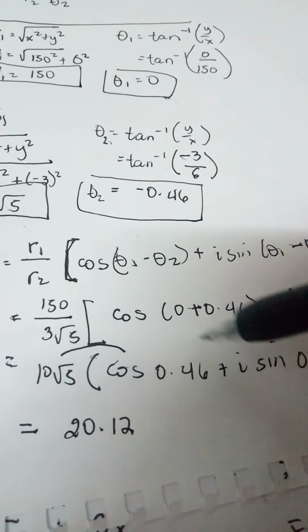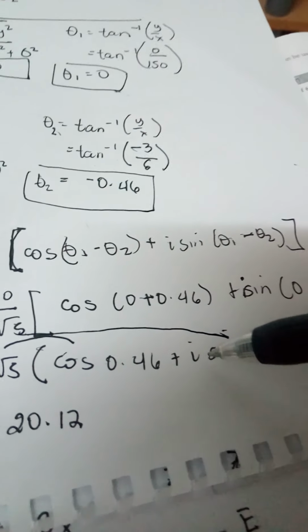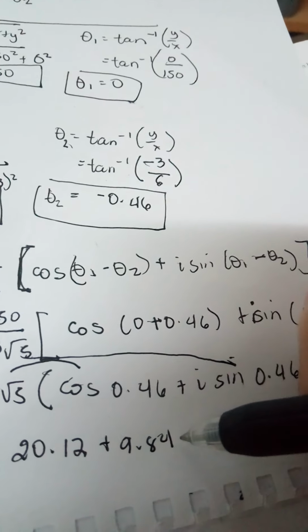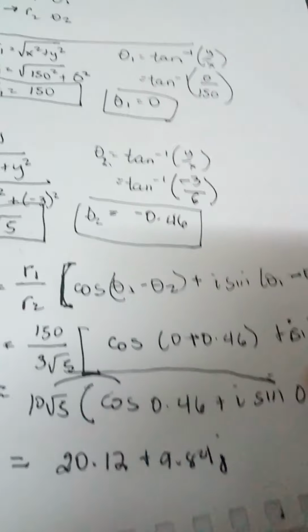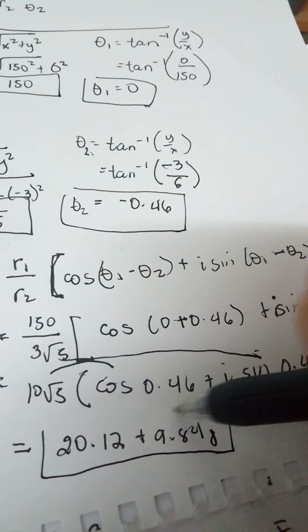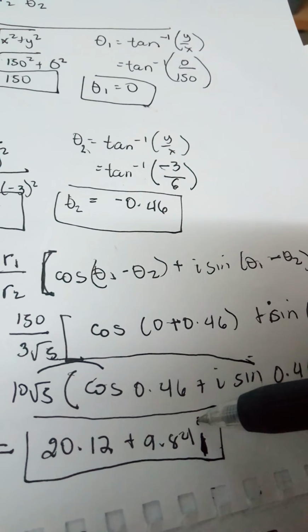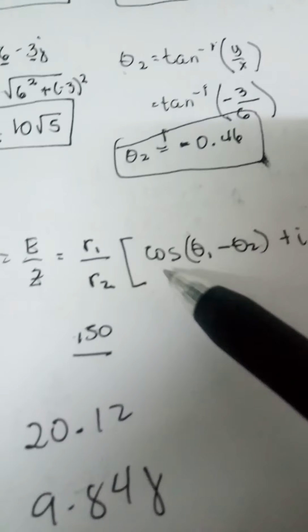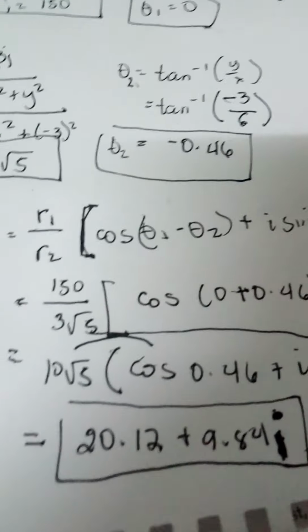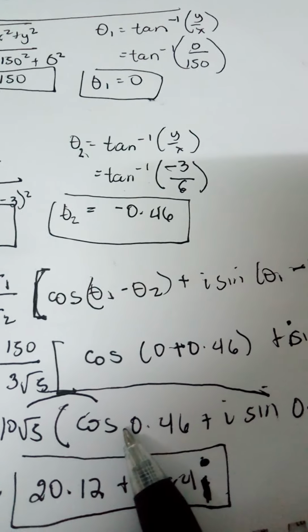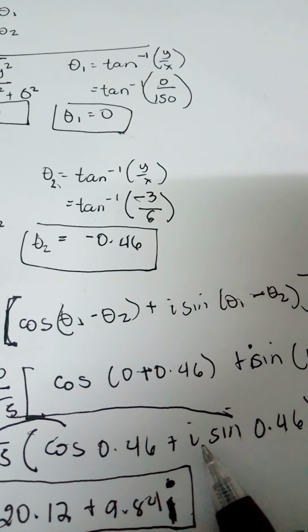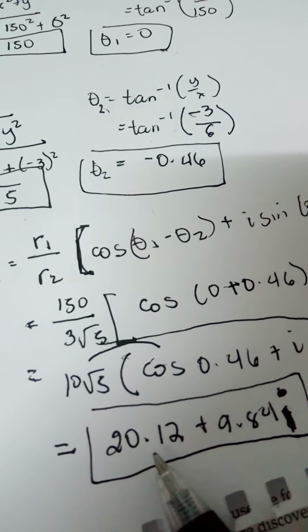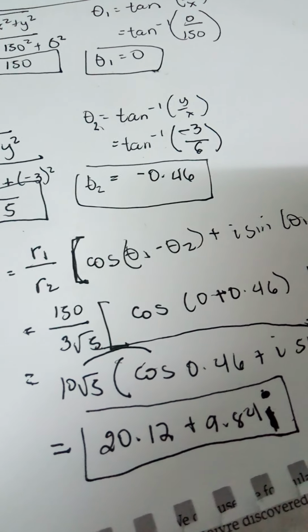Then 10 the square root of 5 times sine 0.46 is plus 9.84 J. In terms of polar form, 10 the square root of 5 times the bracket of cosine 0.46 plus I sine 0.46, and the final answer in rectangular form is 20.12 plus 9.84 I.